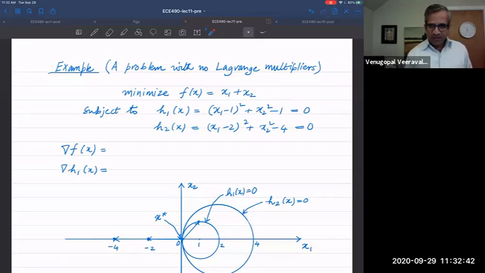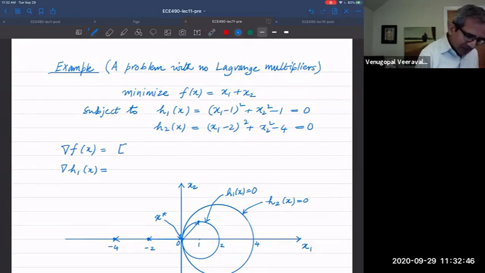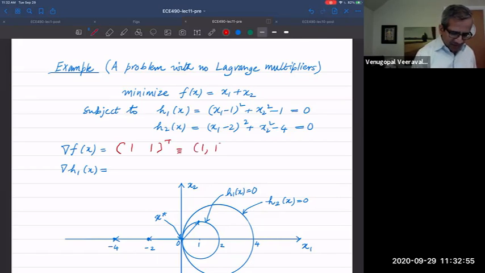So let's compute the gradients in this case. Easy to do. The gradient of f is still 1, 1. Sometimes we write this as just the pair 1, 1, so either you write it as a vector or you write it as a tuple.